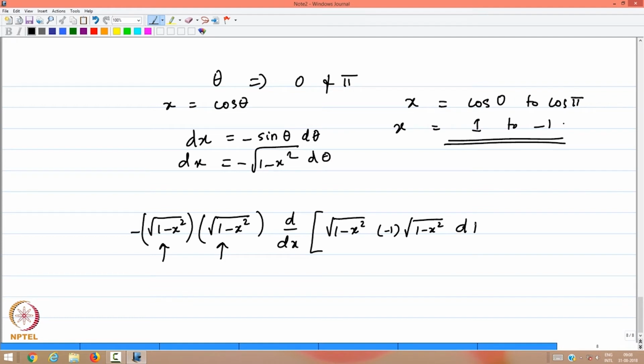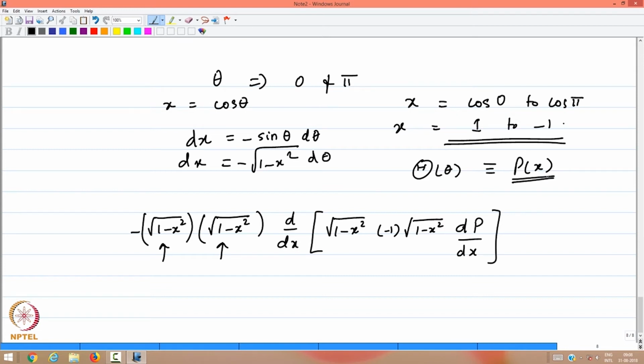And now, let us call the theta function in terms of x variable. Since we are replacing theta by x, we will call that P of x. Okay.